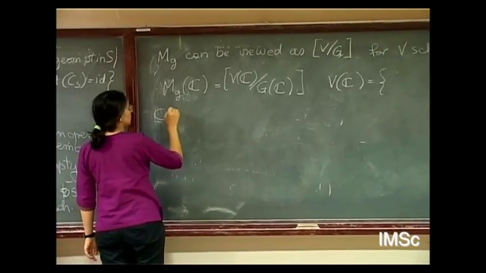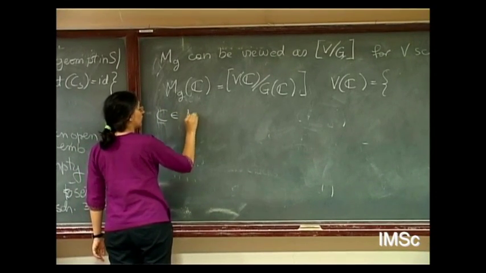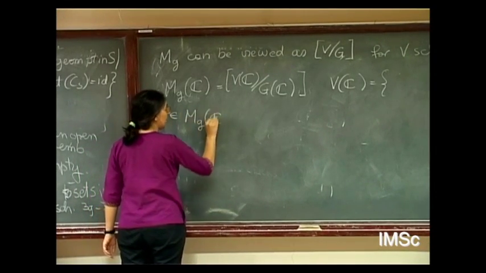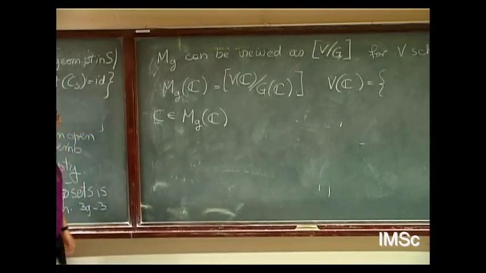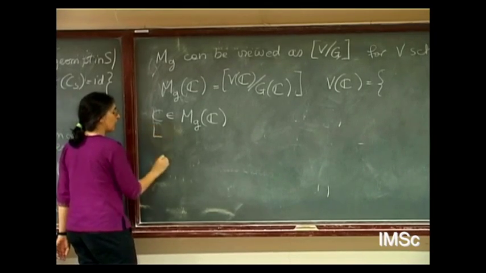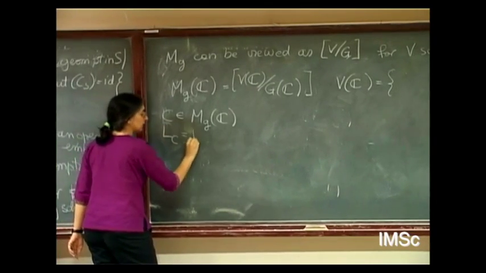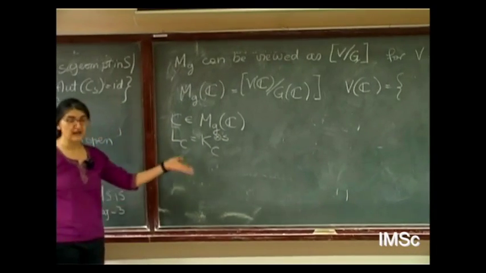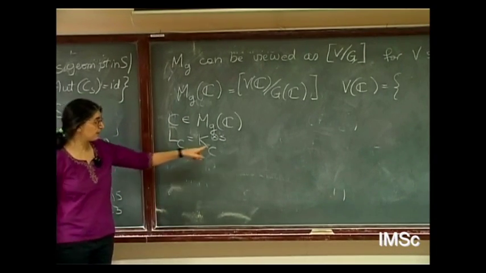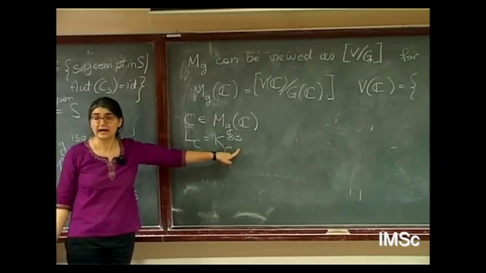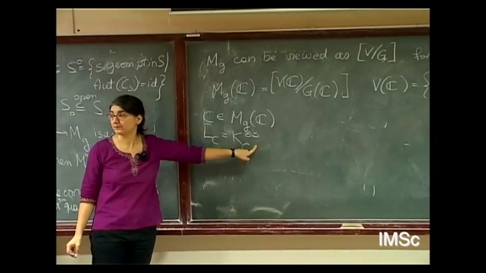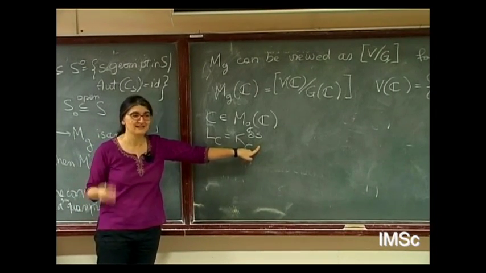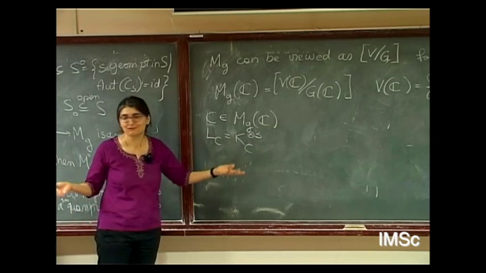Let C be an element of Mg of C, any curve, hyperelliptic or not. And then I call L_C equal to K_C to the 3. And I could choose any number higher than 3. The point I choose 3 is that this is always very ample. Most of the time K_C is also very ample, but not always.